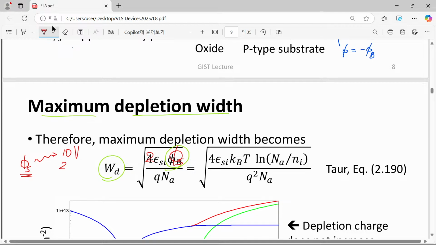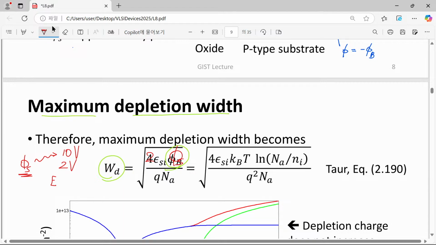For example, can you expect 2 volt? Never. You never have it. The maximum value of phi s you can expect in reality is at most around 1 volt, slightly higher. It is because this is related with the entire band gap.